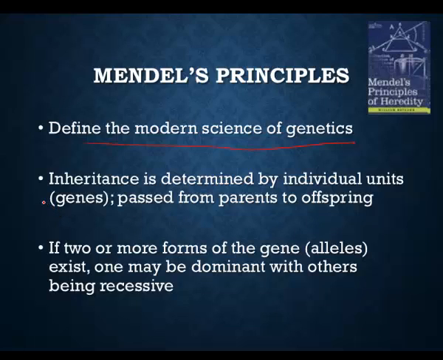He called them factors, but he determined that genes basically are passed from parent to offspring. If two or more forms of a gene, or alleles, exist, one may be dominant over others. So nobody knew about dominance. Remember, everybody was into blending at the time. So he postulated, or had evidence basically to support, that dominance was occurring.